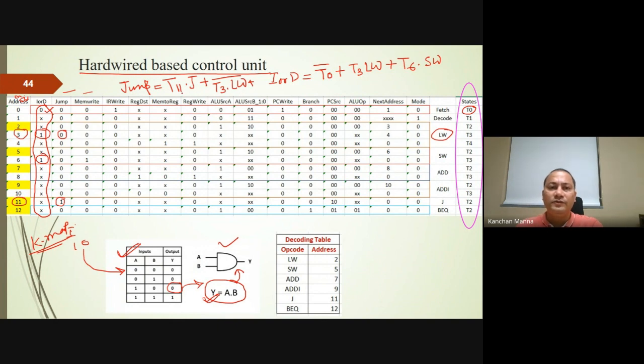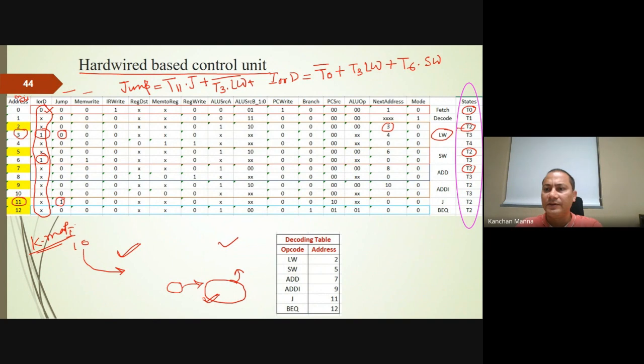To generate the states, you can see the states are here: T0, T1, T2, T3, T4. Now you can see this T2 is repeating here, and T3 is also repeating here. Why are we repeating this?